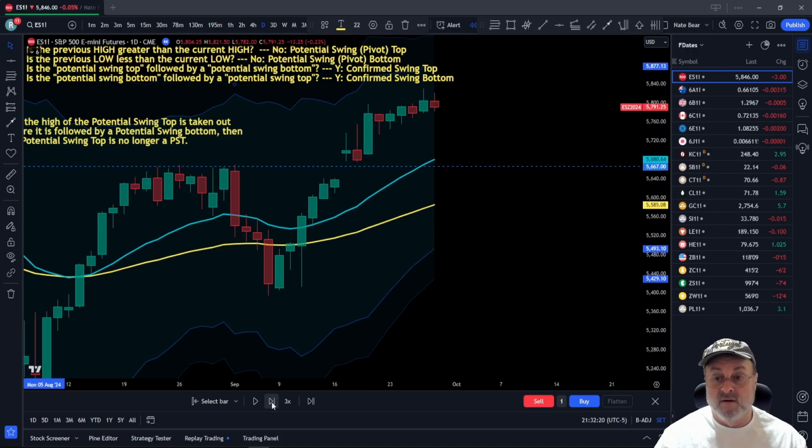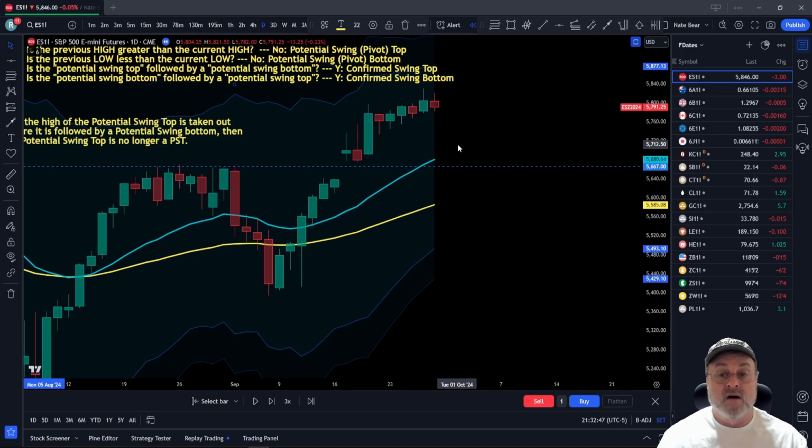Next bar. All right, now notice that the previous high is higher than this price bar. As a matter of fact, the previous low is lower than this price bar. This price bar is within the range of this whole bar. Here's the high, here's the low. This bar is within the range of the previous. This is called an inside bar.